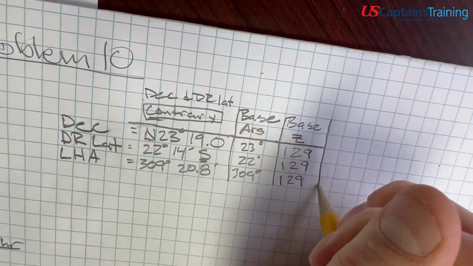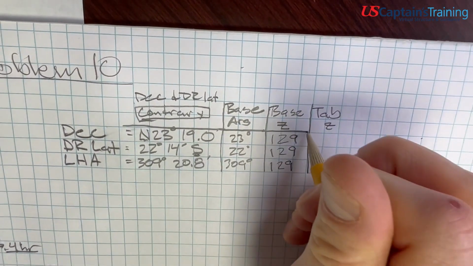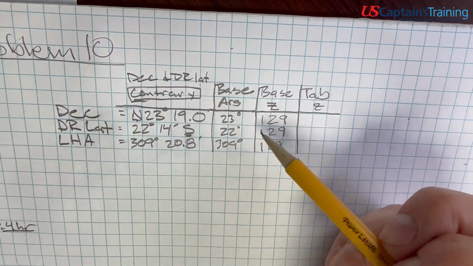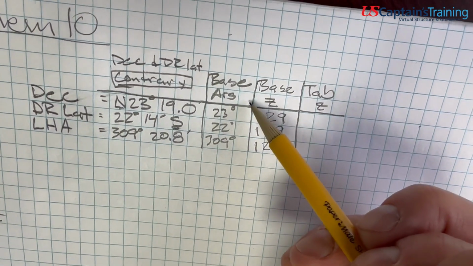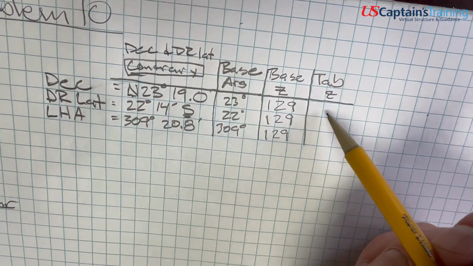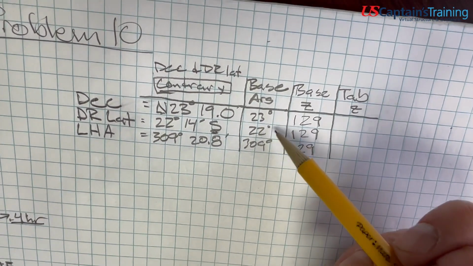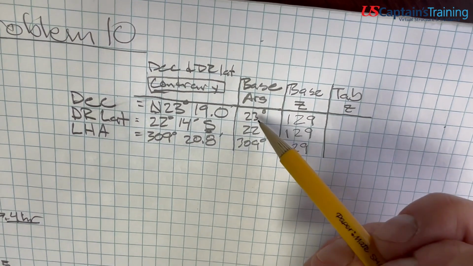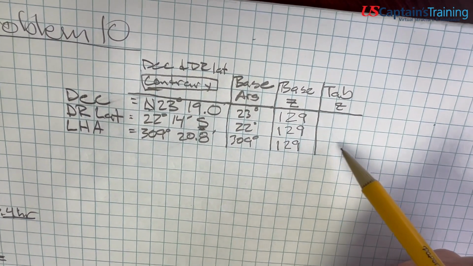Now we need to get our tabulated Z. This one is weird. How you do this, you take 23, raise it up by 1. So you're 24, 22, 309. And then you record it here, and then it's 23, 23, 309. Record it here, and then you get 23, 22, 310, and record it here.